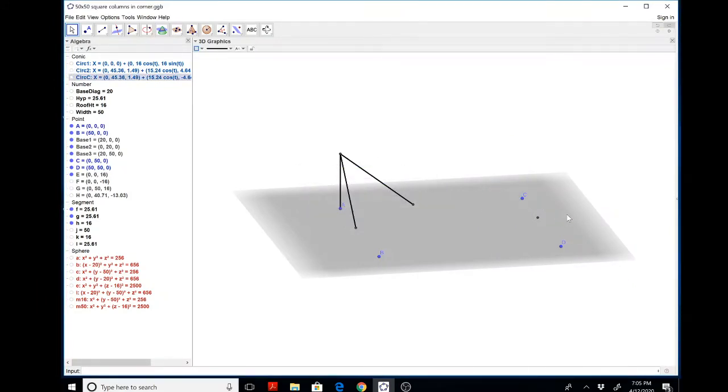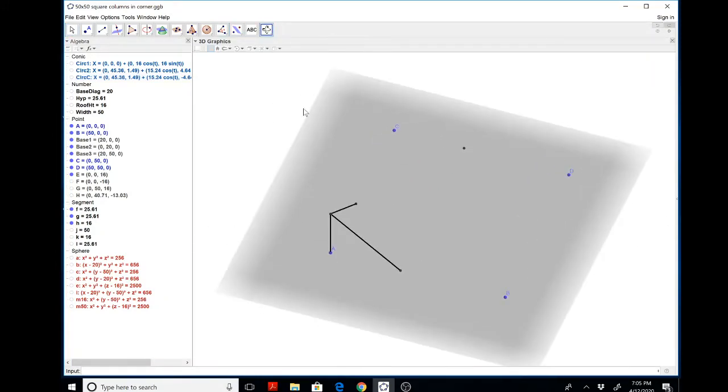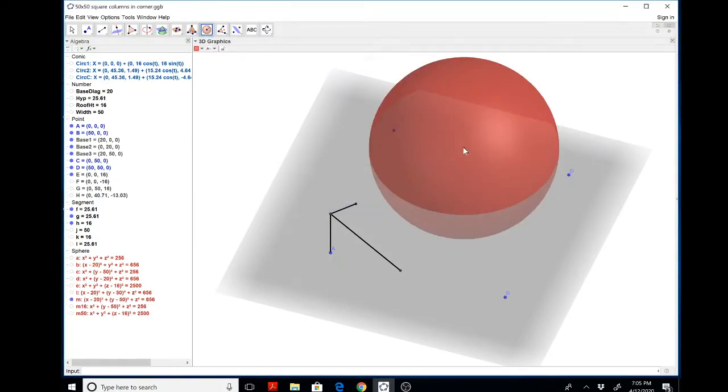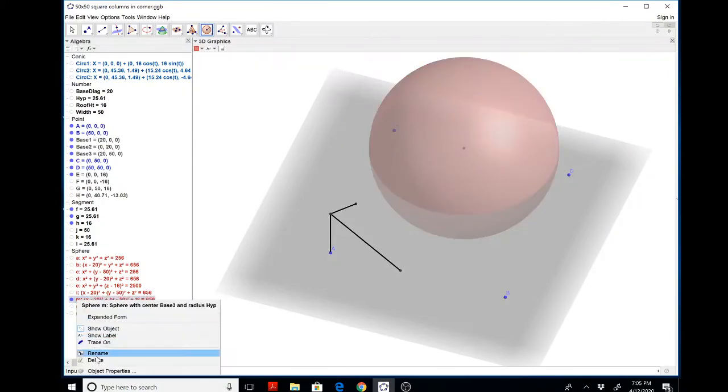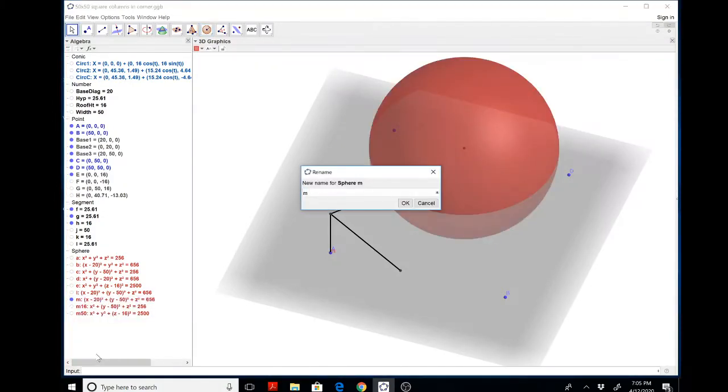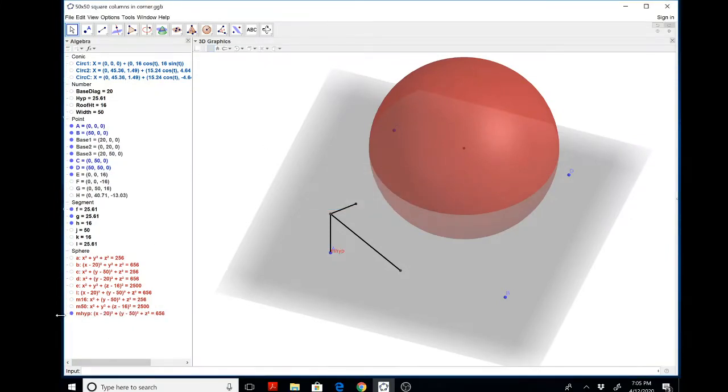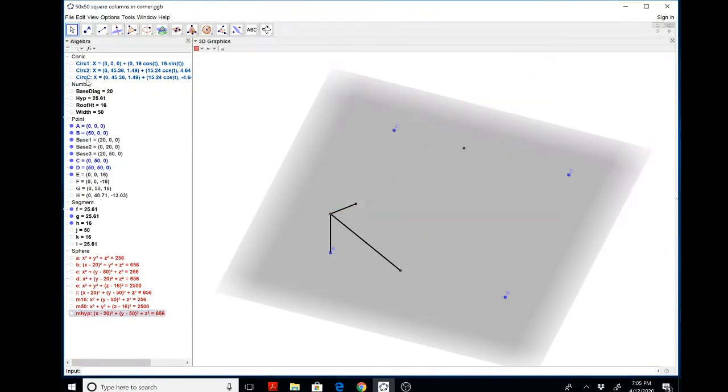So now I will make another strut to stabilize this, and that will come from, again, 20 units away from C. I know the hypotenuse there is going to be 25.61, so I make a sphere here of height. I'm going to hide that M. I'm going to call it M height. Then I have circle C and M height intersect.